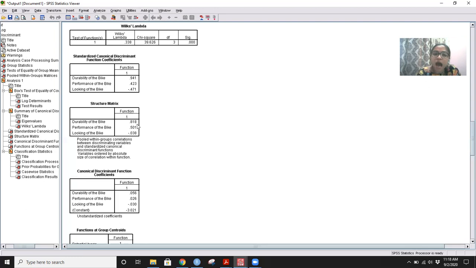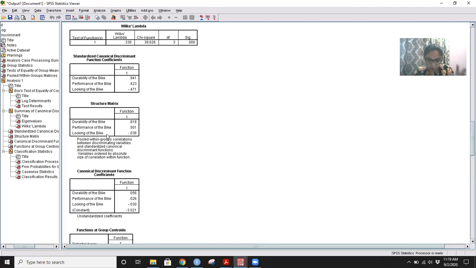The higher the weight, the more important that independent variable. So 0.818 is the highest amongst these. That means durability is the most important independent variable for us. Likewise, next we have performance as the important variable, and lastly looking of the bike. So the structure matrix is giving you an order of importance of each independent variable.